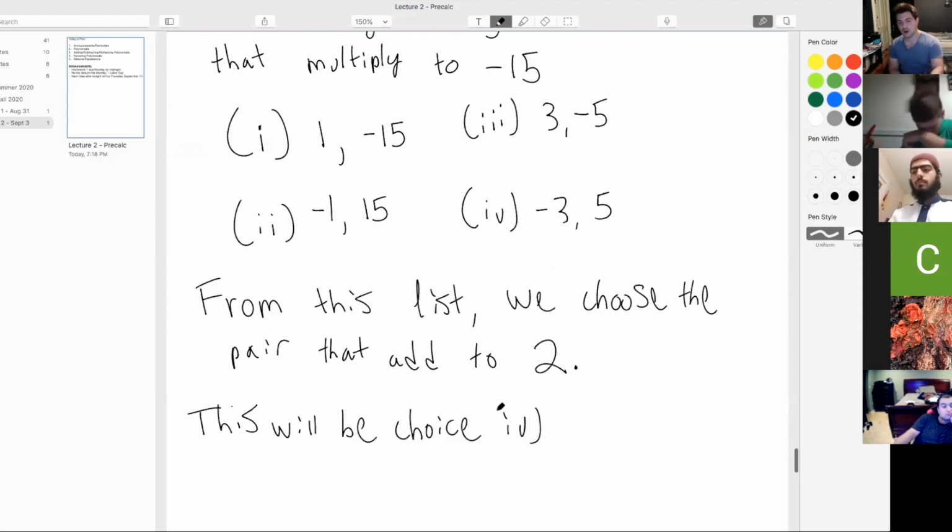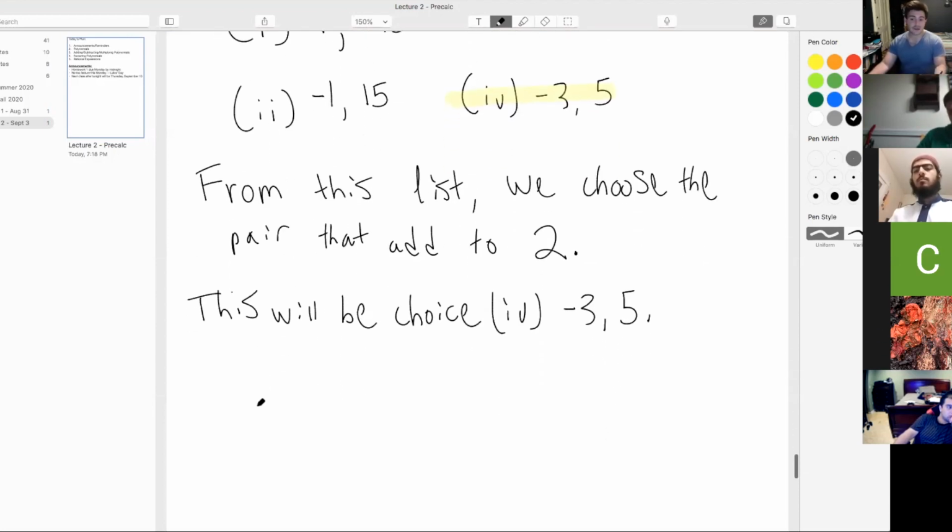This will be choice 4, because negative 3 plus 5 is positive 2. So this one does the job, negative 3 and 5. Good, and that's it. We're done now.